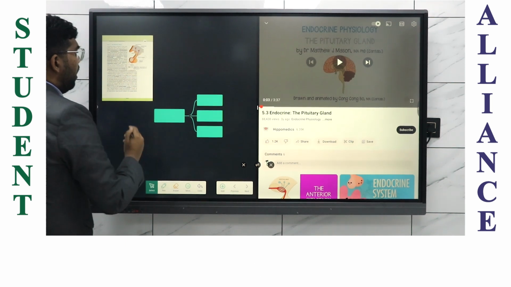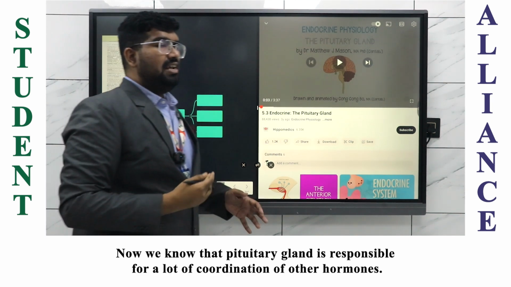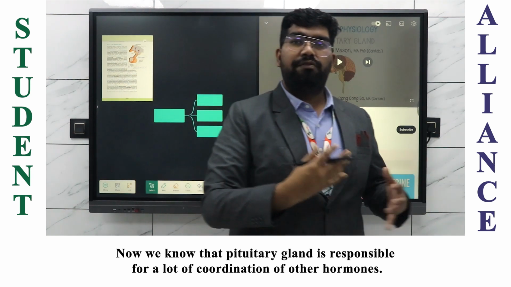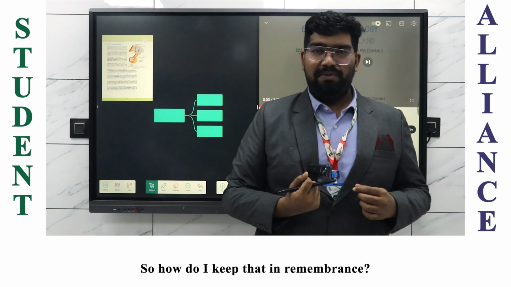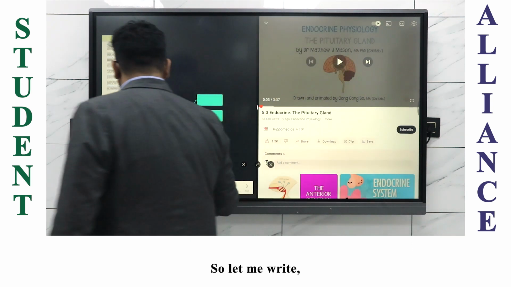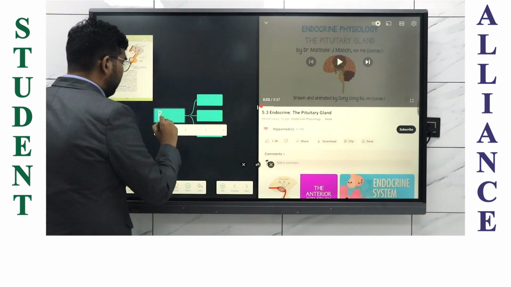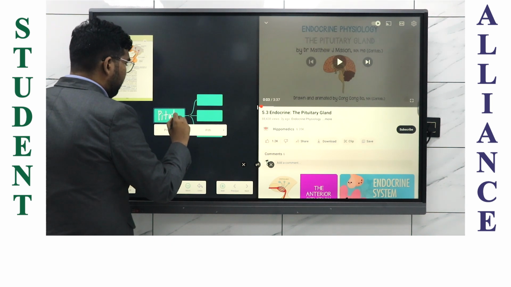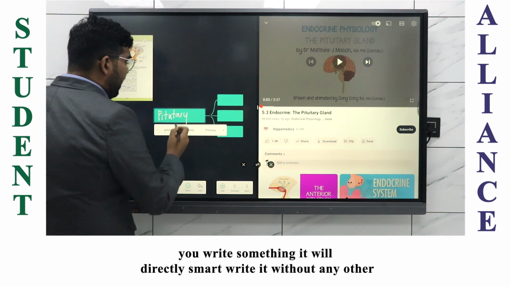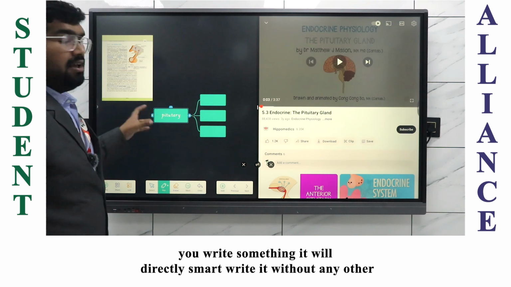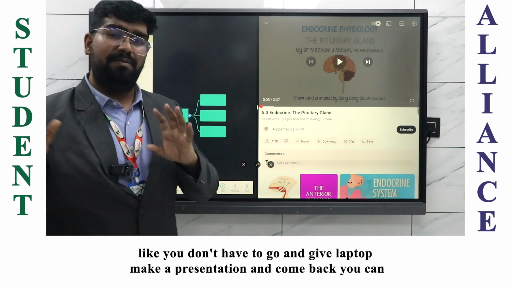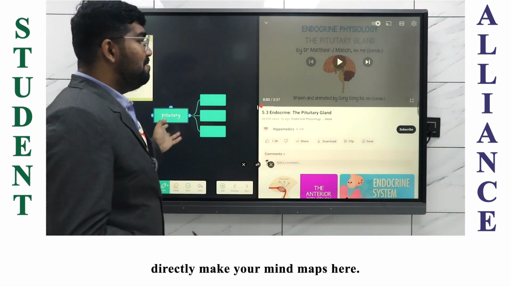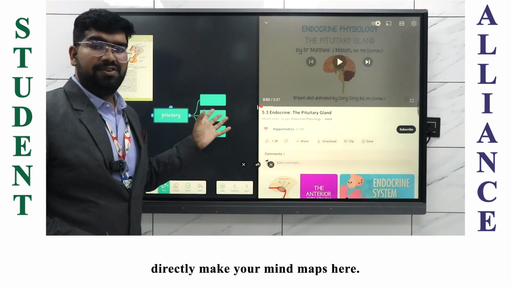Now we know that the pituitary gland is responsible for a lot of coordination of other hormones. So how do I keep that in remembrance, right? So let me write. You write something, it will directly smart write it. You don't have to go on your laptop, make a presentation and come back. You can directly make your mind maps here.